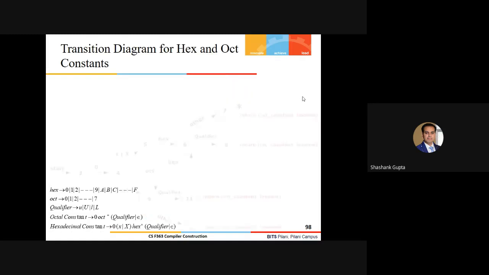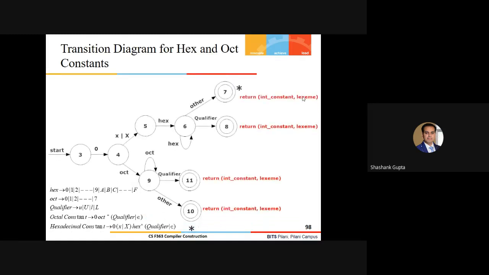Similar process I have to do for the octal constant here. So this is what we have taken after reading any number of octal digits. This is the qualifier, and there is no need to read anything extra, assuming that we do not have anything in our specification which is conflicting.